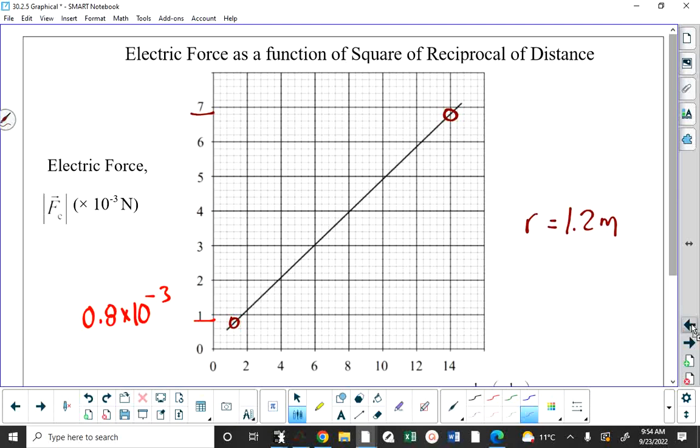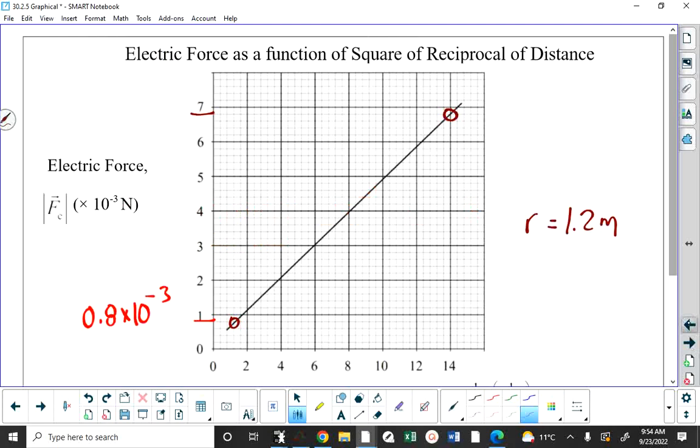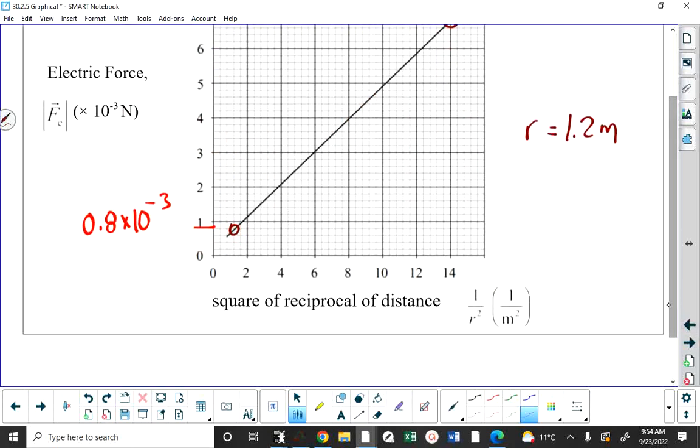Y is in newtons. Your slope, if you look at the graph, is newtons divided by the reciprocal of meters squared. It's newtons divided by the reciprocal of meters squared, which is newtons times meters squared.